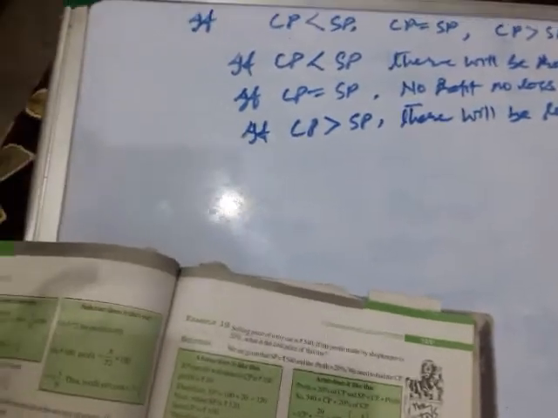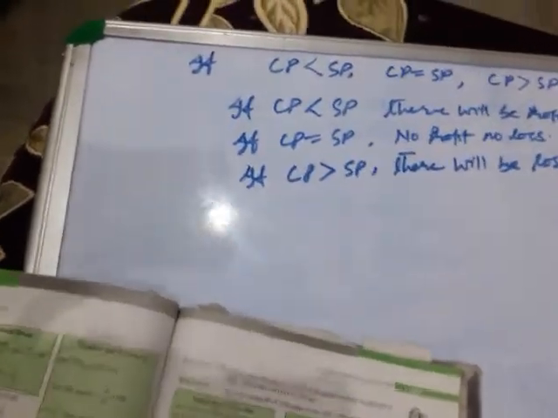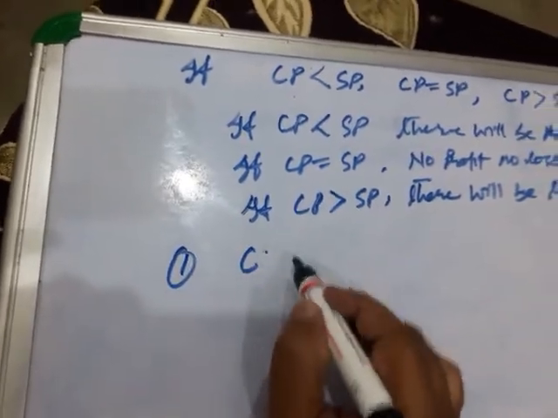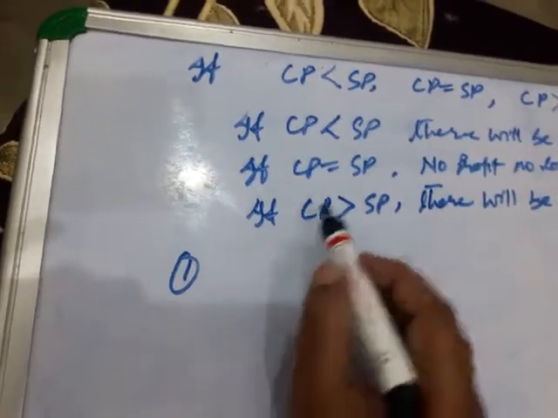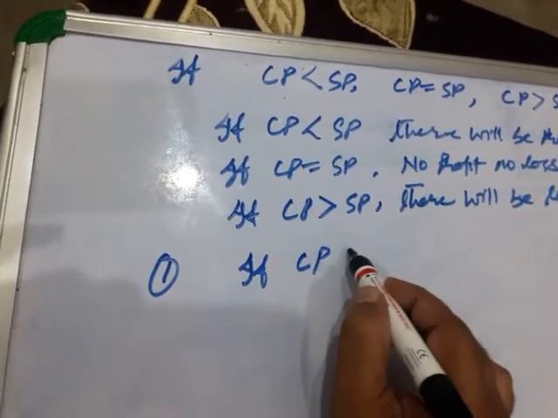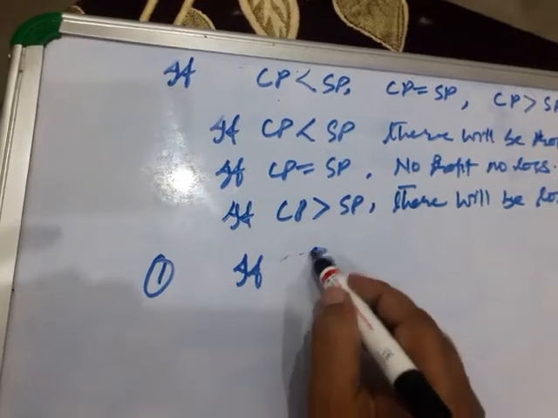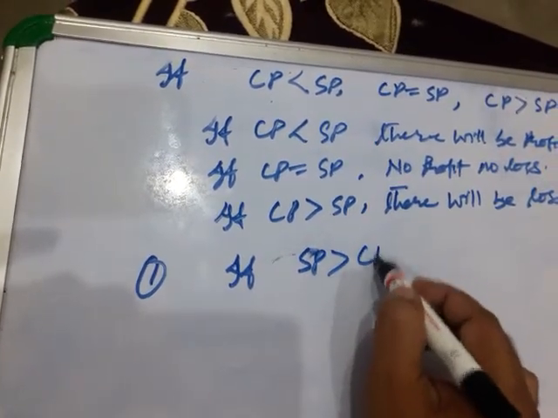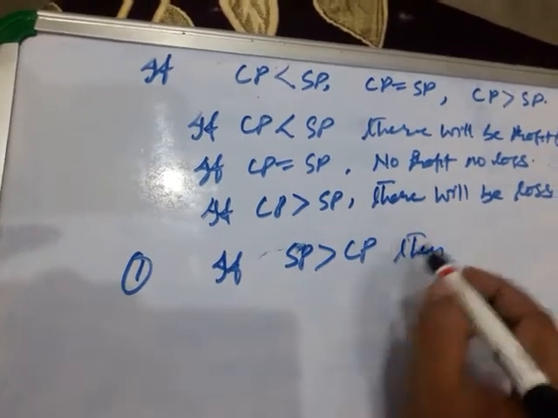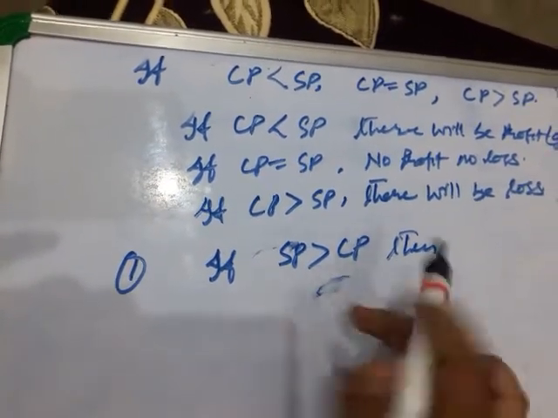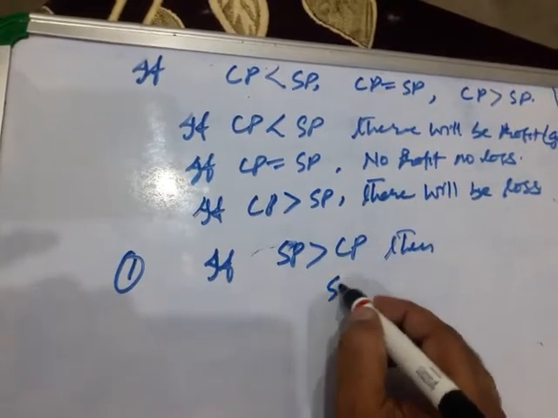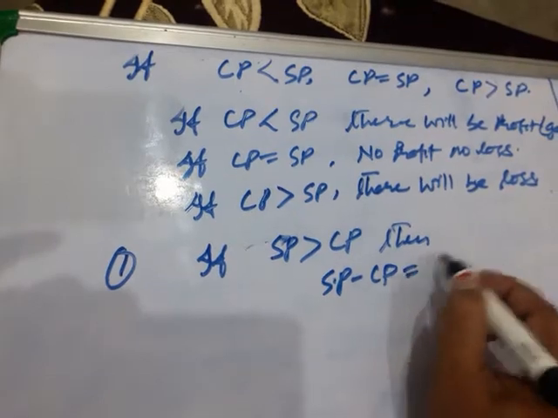Okay, let us write down some formulas. Number 1: if SP is greater than CP, or CP is less than SP, then SP minus CP equal to profit.